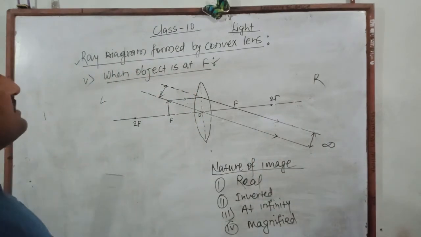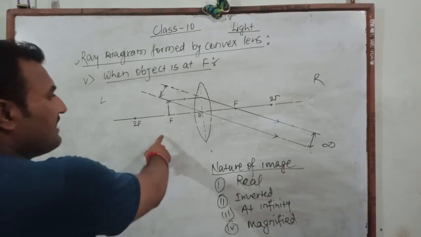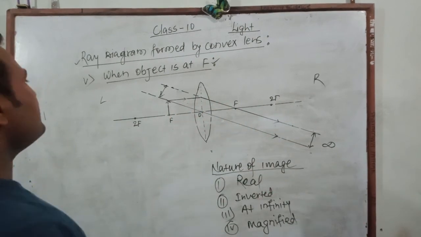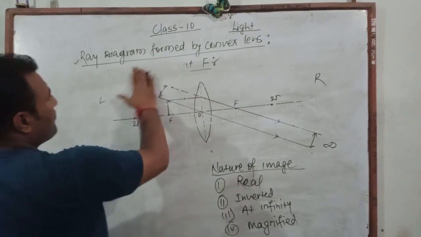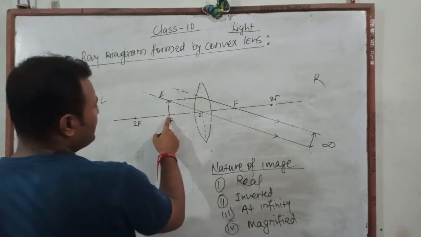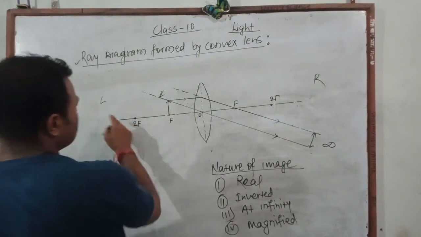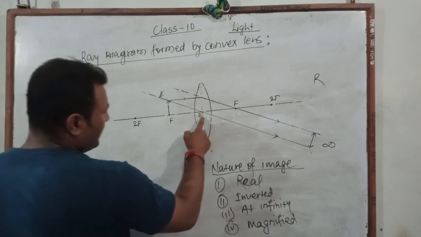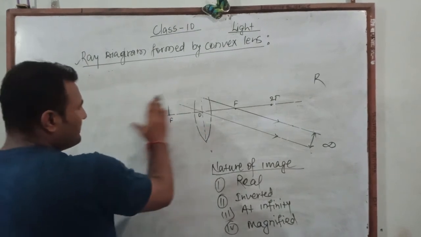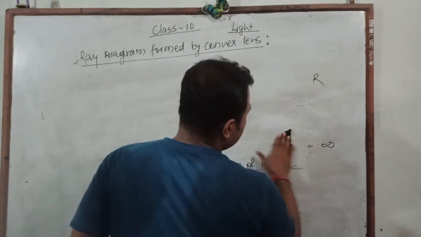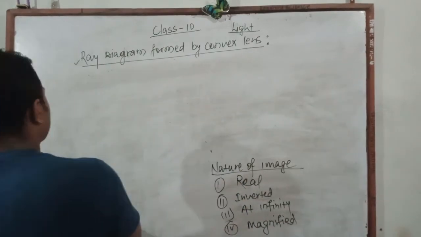And in this way, fifth condition: when the object is at F, then the image is formed at infinity. One more to consider: the object becomes closer to the lens, between F and O, or between the optical center and principal focus.